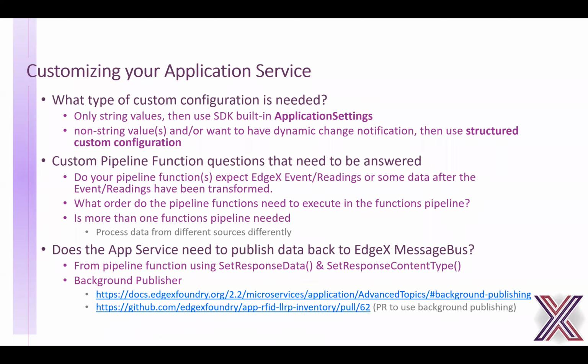It's collecting them and doing more analysis. That takes more time, so you don't want to do it in the standard functions pipeline. And then when it sees that it's got data in a place that it wants, it can use this background publisher to send that data to the EdgeX message bus.